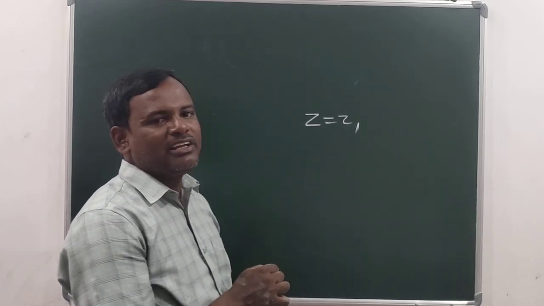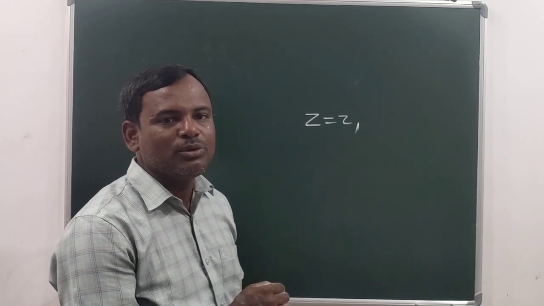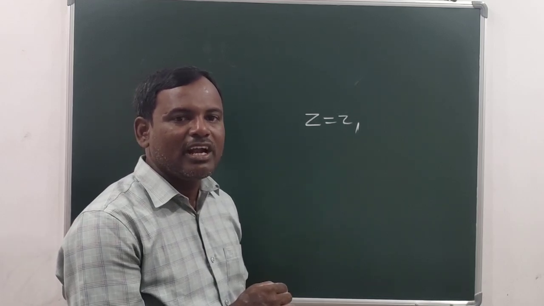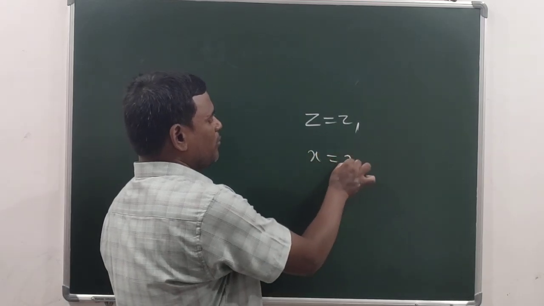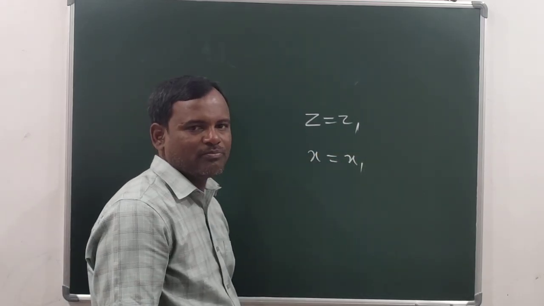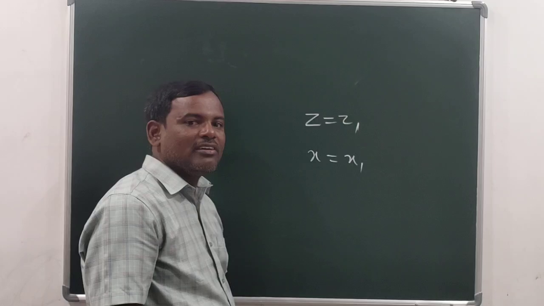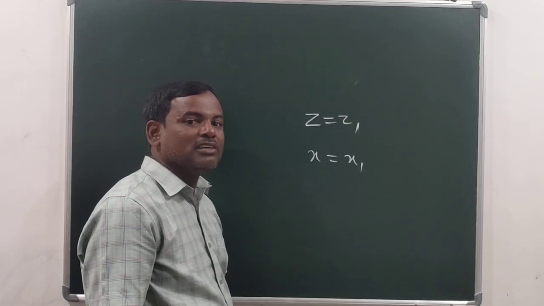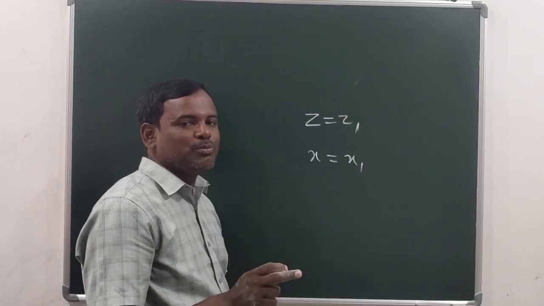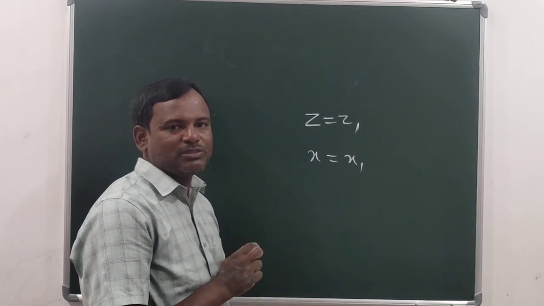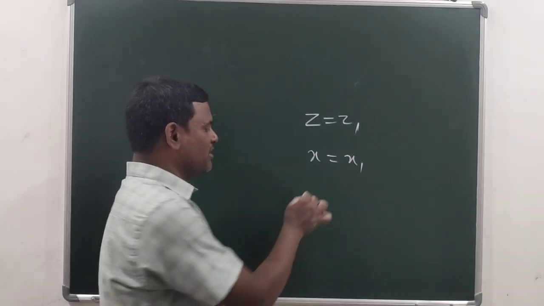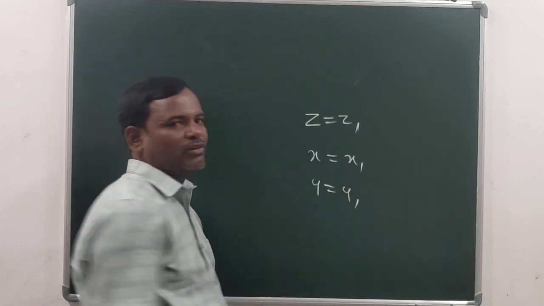In the same manner, the equation of a plane through x1, y1, z1 parallel to the yz plane is x equal to x1. And the plane parallel to the zx plane and passing through x1, y1, z1 is y equal to y1.